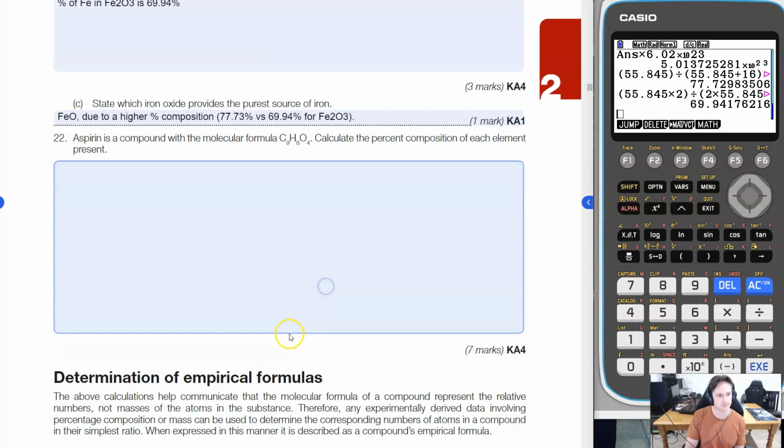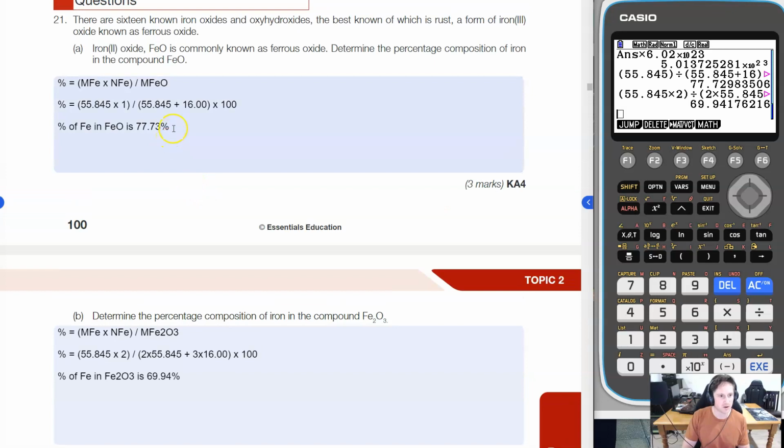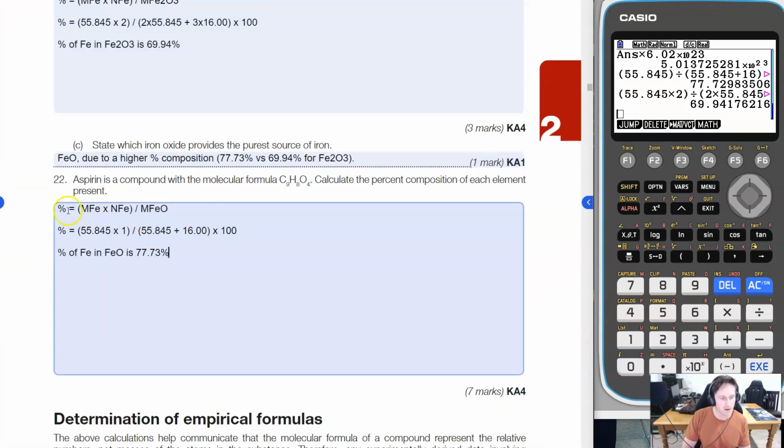So aspirin is a compound with molecular formula C9H8O4. Determine the percent composition for each element present. Okay, so this one's longer now. How exciting. So what we'll do, we'll go percentage. Now this time, I'm going to be a bit better with my labeling. So I'll say percentage composition of carbon.